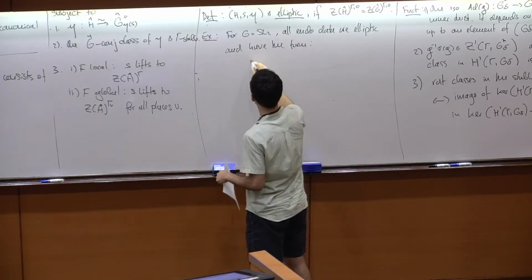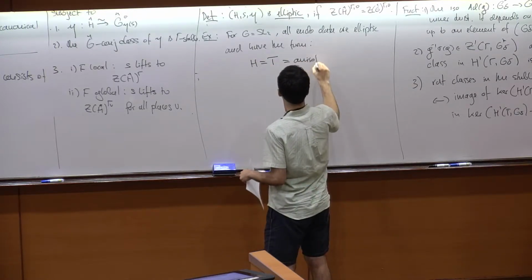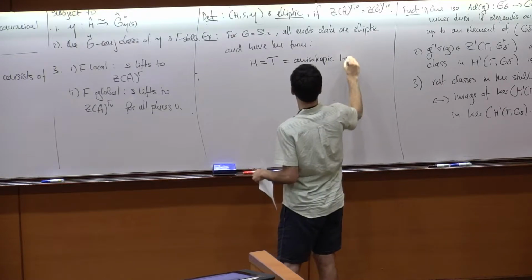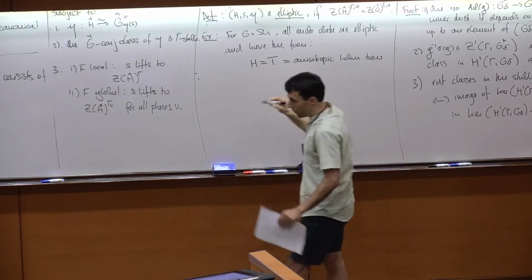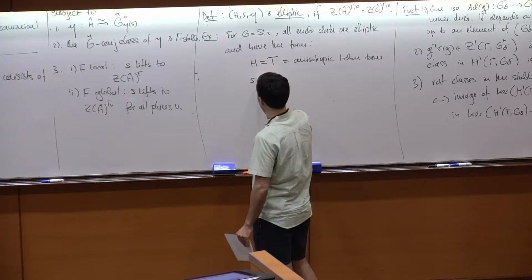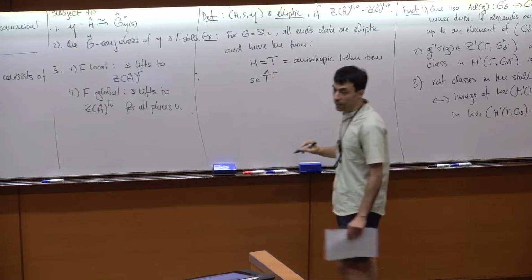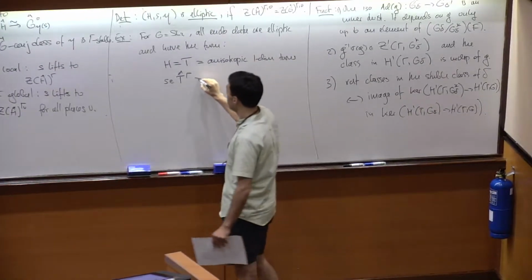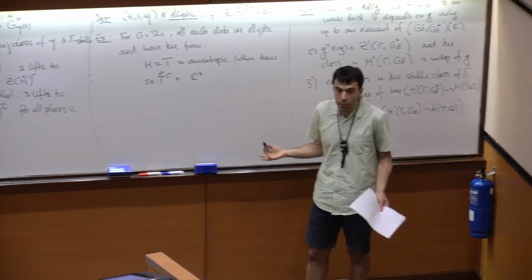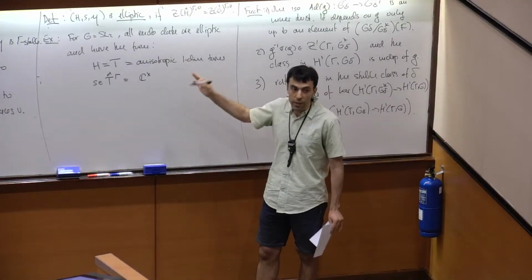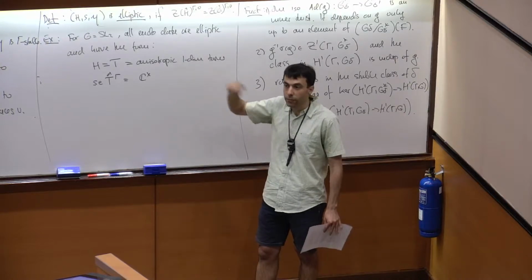Okay, so H is T, an anisotropic one-dimensional torus. And then S I can take as an element of T hat gamma fixed. Well, what is T hat to begin with? Well, T hat is just C cross. It's the one-dimensional complex torus. But because it's anisotropic, Galois acts non-trivially, and the only non-trivial action it could do is inversion. So it acts by inverting an element.